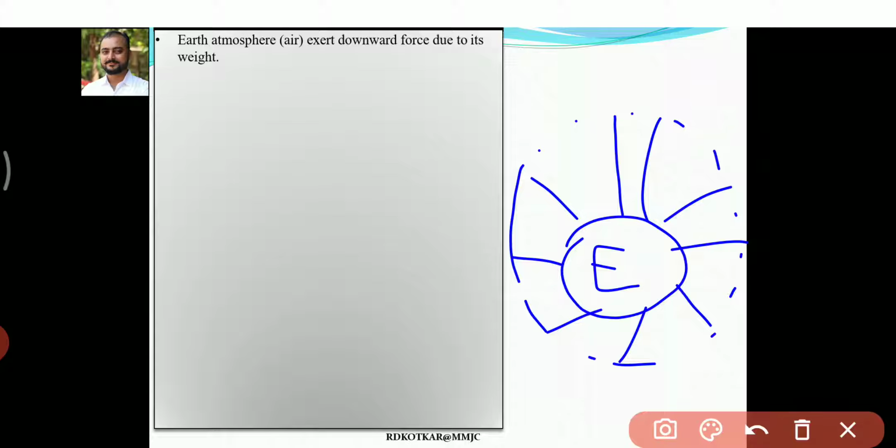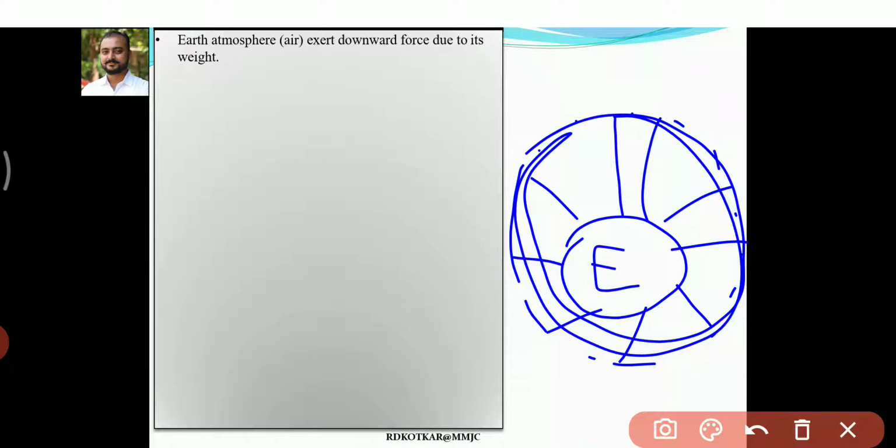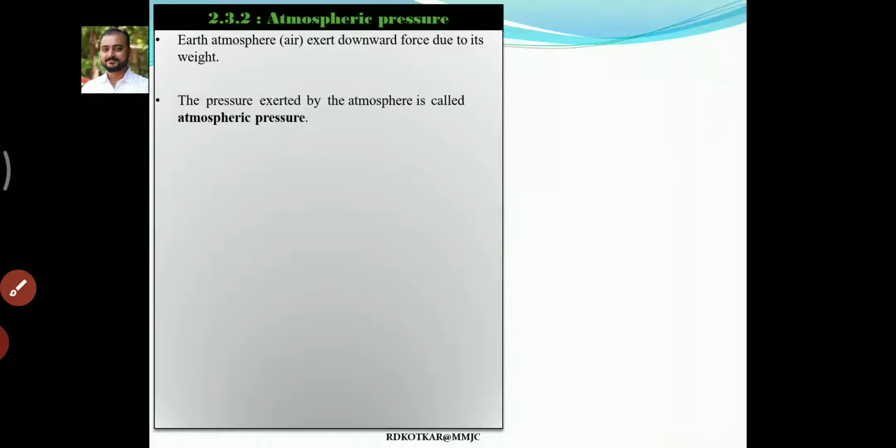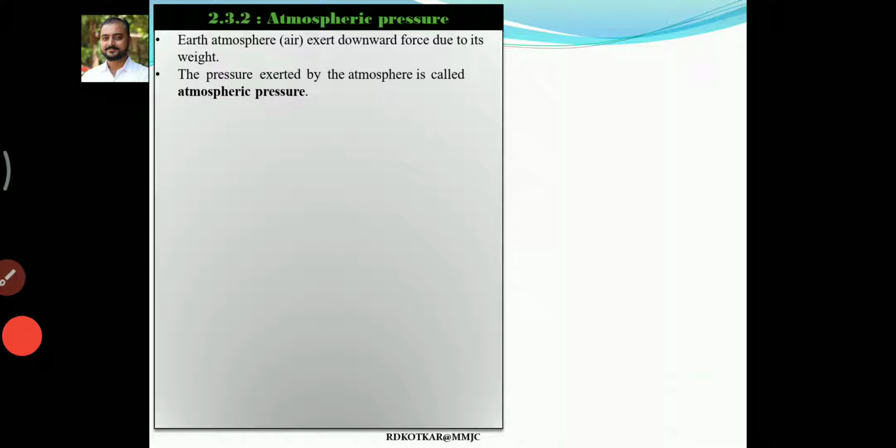This air present above the earth's surface is called the atmosphere. So the earth's atmosphere exerts a downward force due to its weight.